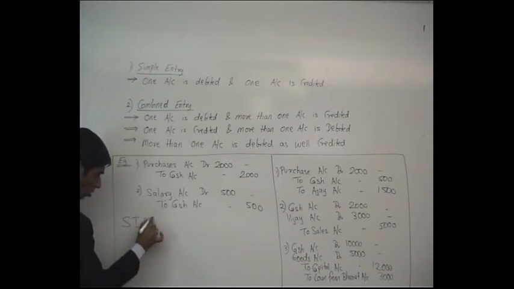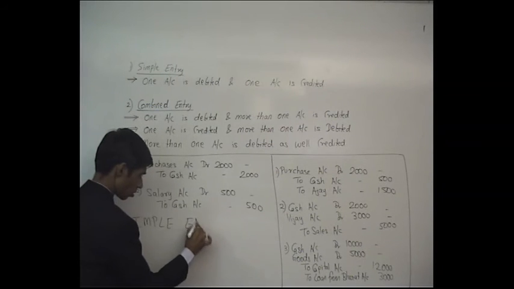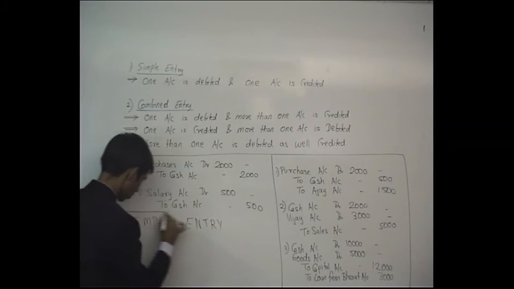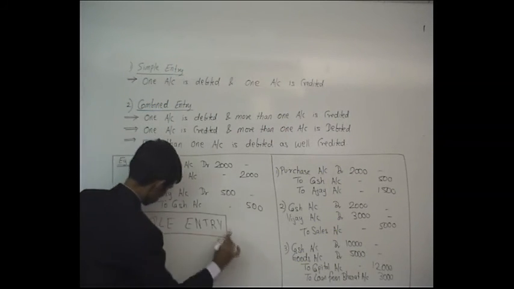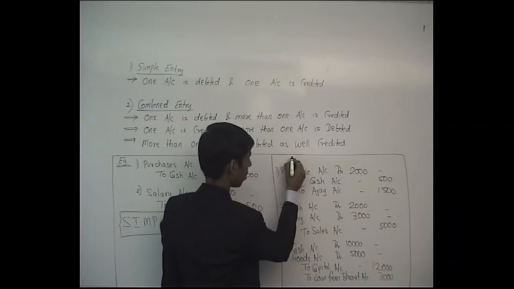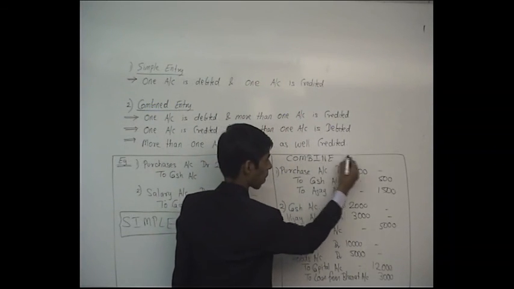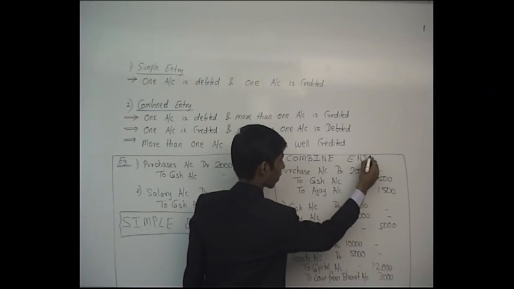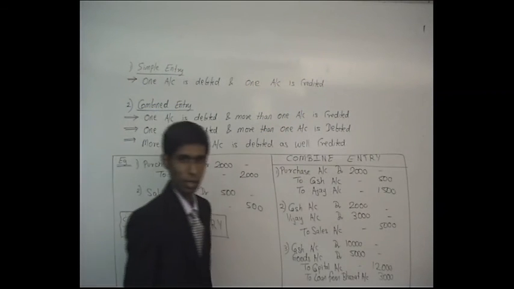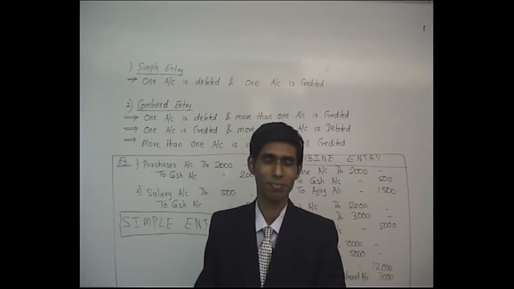That is simple entry, and this is combined entry. Example of combined entry. Okay, so you should remember like this. Thank you.